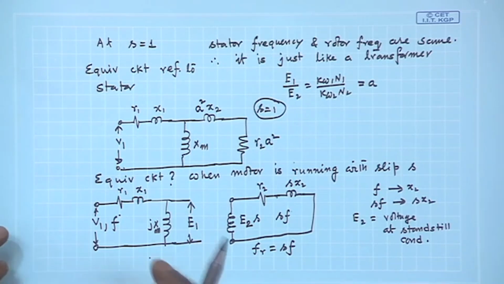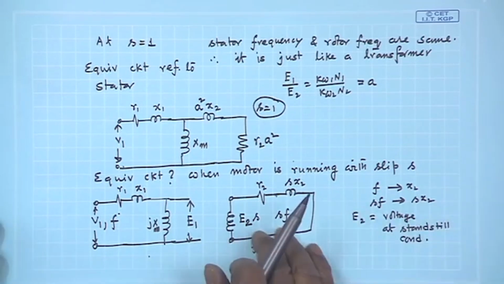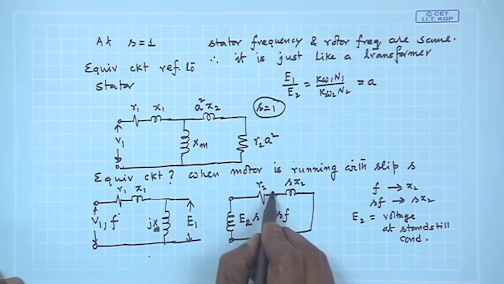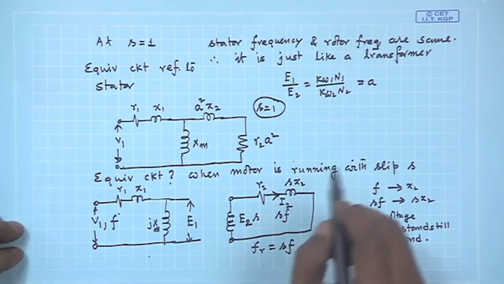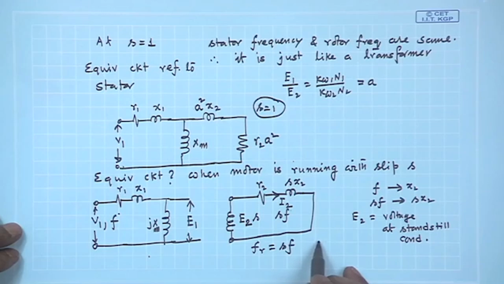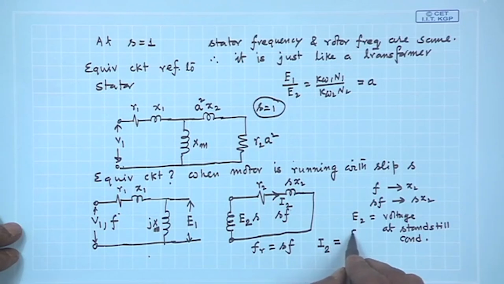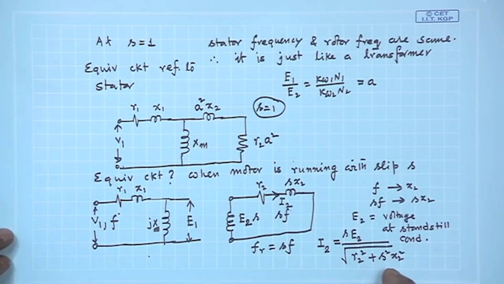Suppose the motor is operating at a slip S and the rotor current is I 2, and this current will be at frequency SF. What is the RMS value of this rotor current? The RMS value of the rotor current will be S E 2 divided by square root of R 2 square plus S X 2 square, where X 2 is the reactance at standstill condition. That is why the reactance has modified.